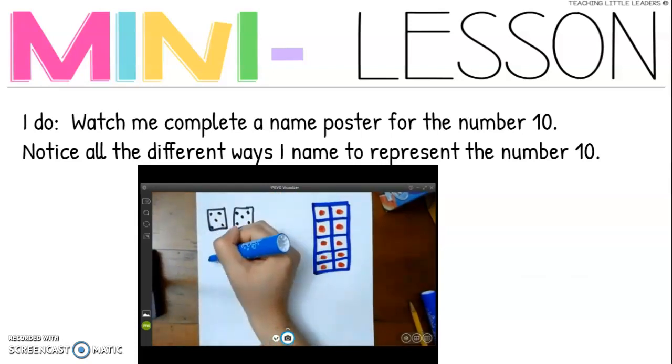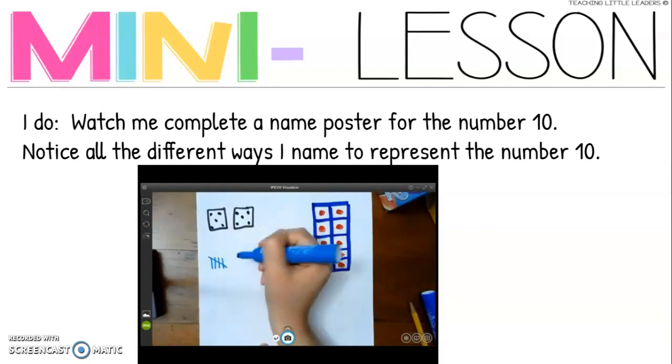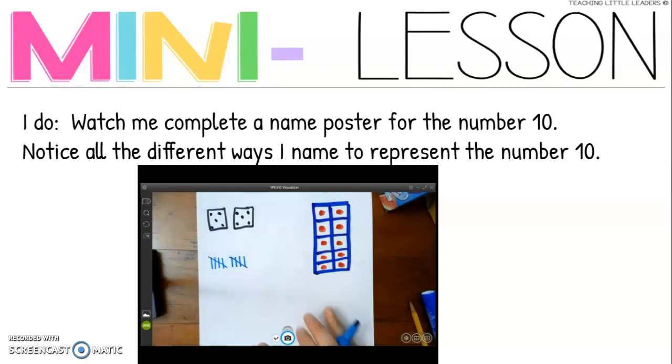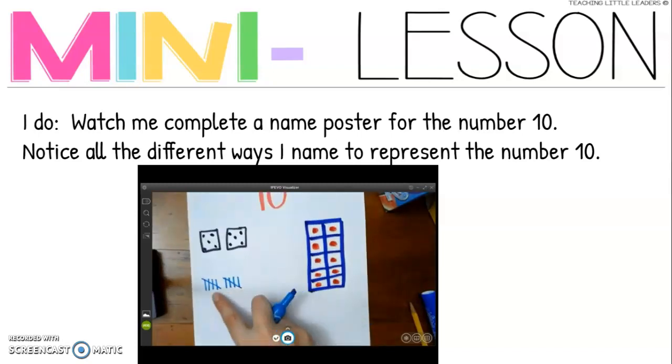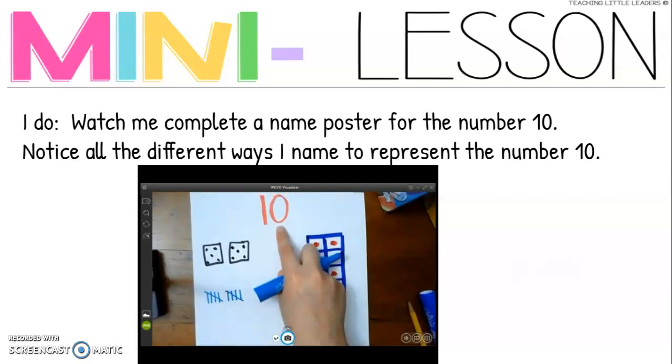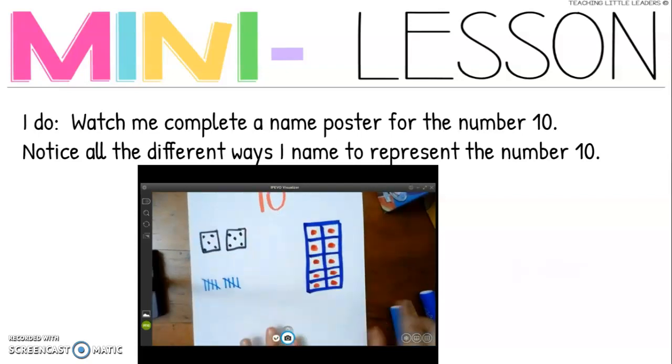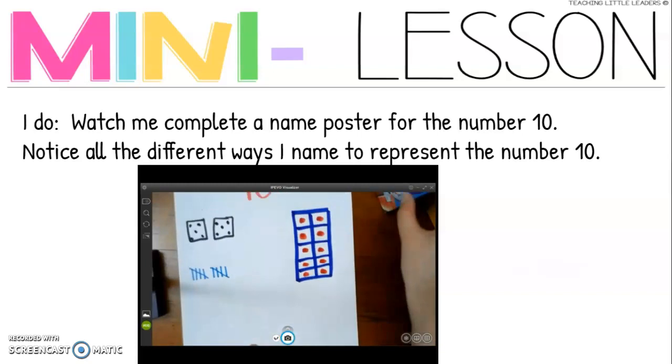You can count with me. 1, 2, 3, 4, 5, 6, 7, 8, 9, 10. Very good, boys and girls. I made 10 tally marks. It's another way to show the number 10. Let's try to think of 3 more ways.